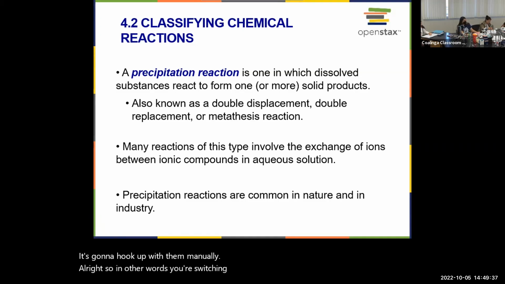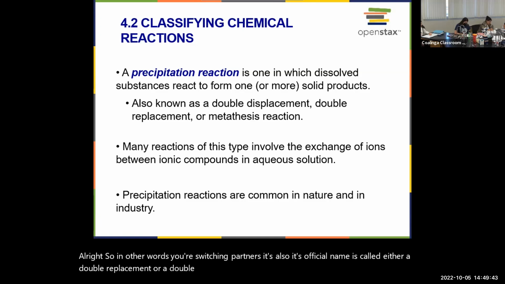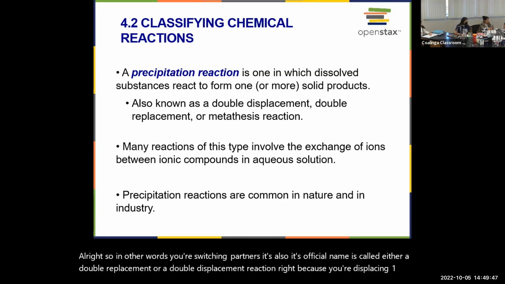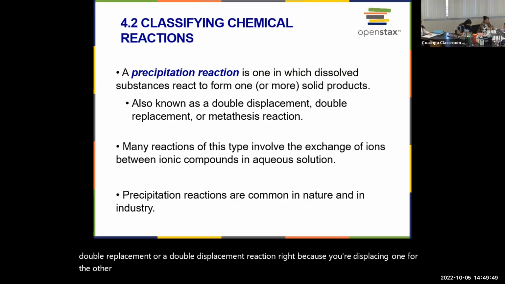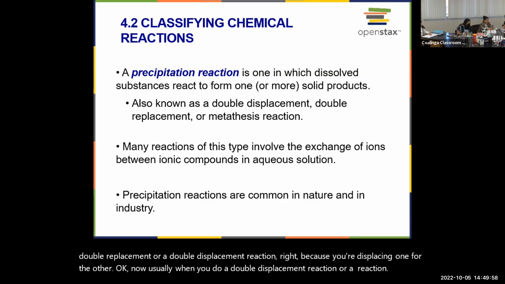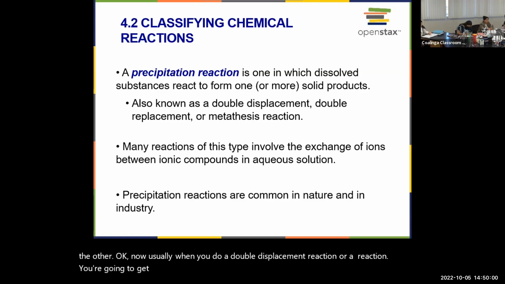Its official name is either a double replacement or a double displacement reaction, because you're displacing one for the other. Usually, when you do a double displacement reaction, you're going to get a precipitate, and that's usually based upon characteristics of that chemical coming together.